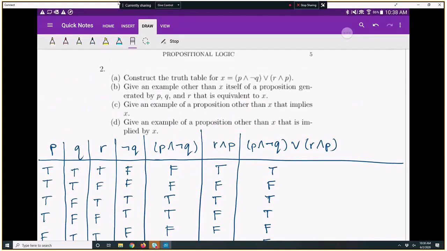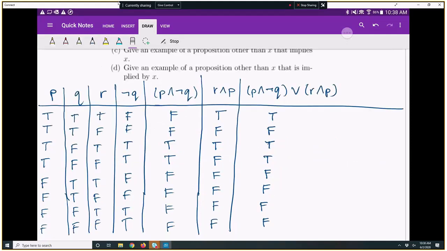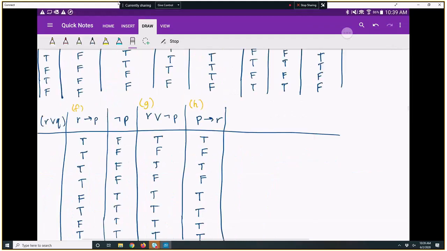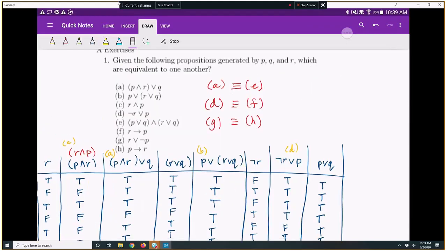So that's part A. Then part B says, give an example other than X itself of a proposition generated by P, Q, and R that is equivalent to X. So one thing that I notice is this looks sort of similar to what we did in exercise 1, where we saw that A and E were equivalent because I had the distribution of the disjunction over the conjunction.